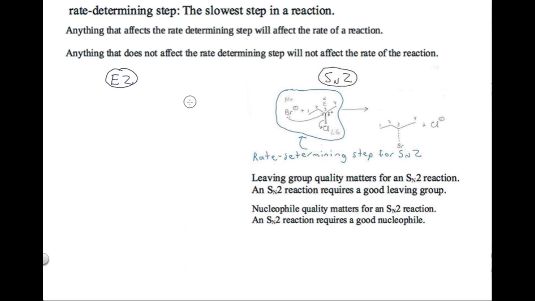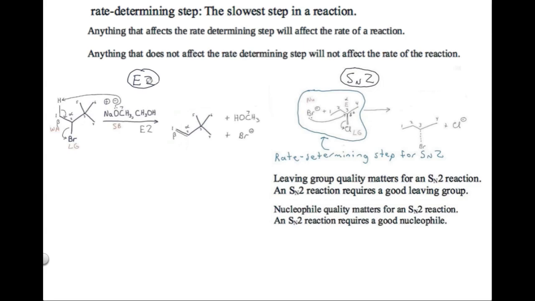Now let's try a similar analysis for E2. So first question, what is the rate-determining step for an E2 mechanism? Pause the video and articulate what is the rate-determining step for an E2 mechanism. Here's the answer.